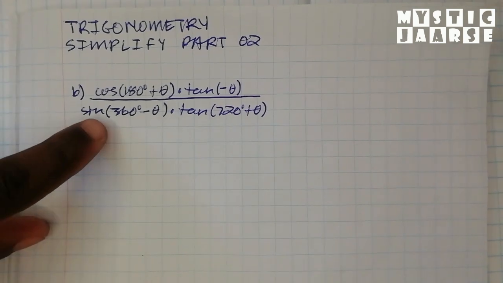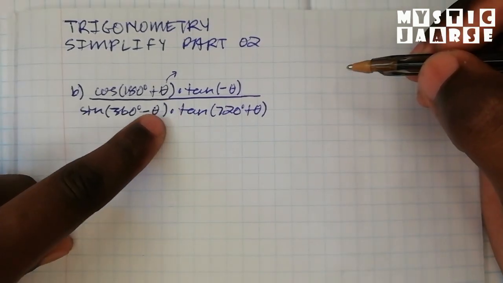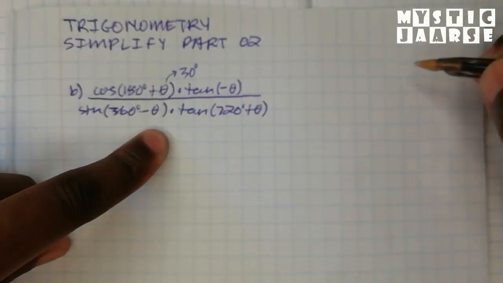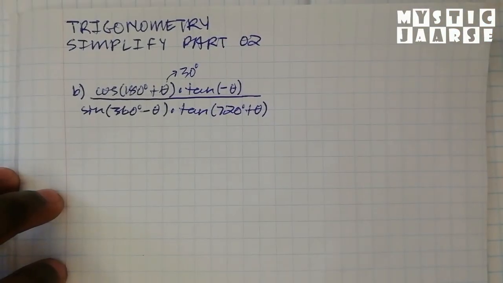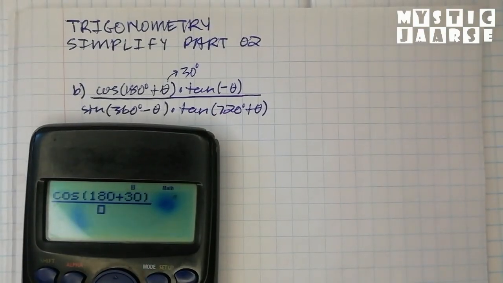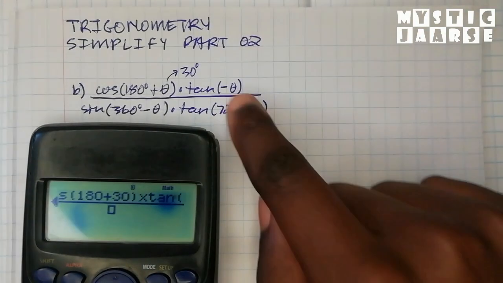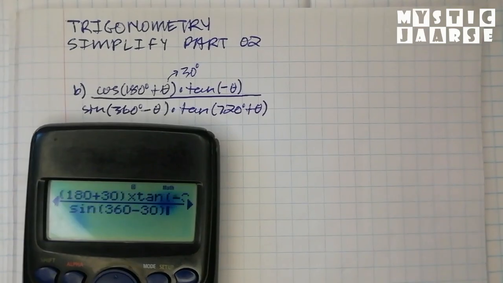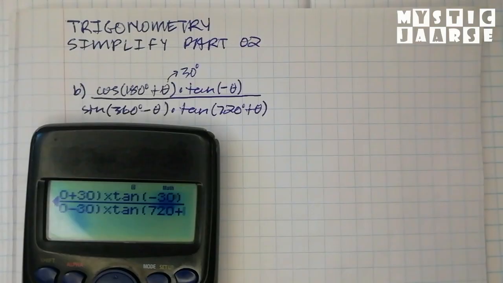Now, whenever I see something like this, I just replace theta by 30 degrees to check my answer. Cos of 180 degrees plus 30 multiplied by tan of negative 30 degrees, all divided by sine of 360 minus 30 degrees multiplied by tan of 720 plus 30.